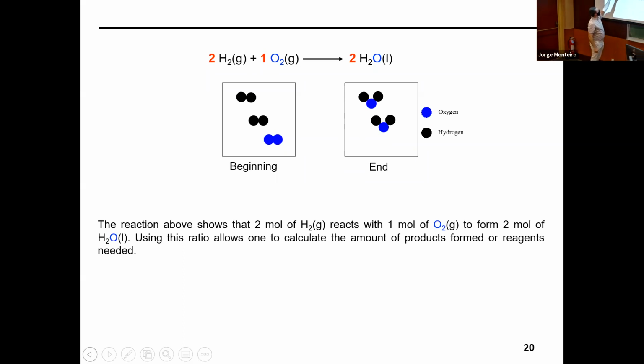So now we have 2 moles of hydrogen, so 4 atoms of hydrogen before, and 4 atoms of hydrogen after, balanced for hydrogen, 2 atoms of oxygen before, and 2. Therefore, reaction is balanced.